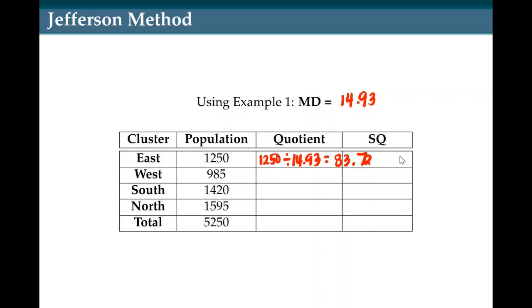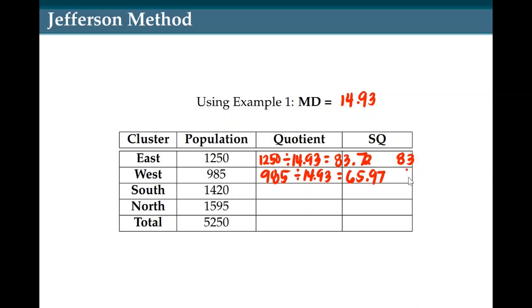So the standard quota for this is 83. Next, 985 divided by 14.93 will give us 65.97.